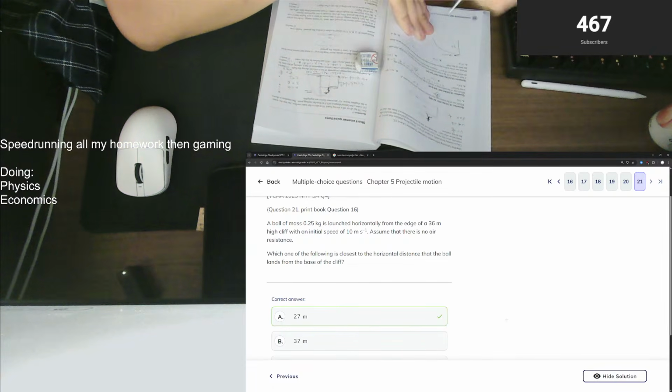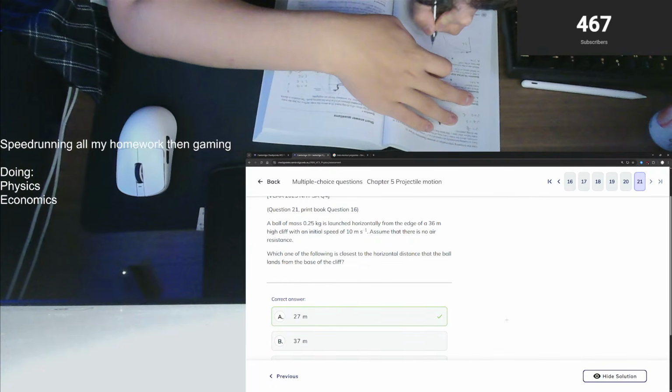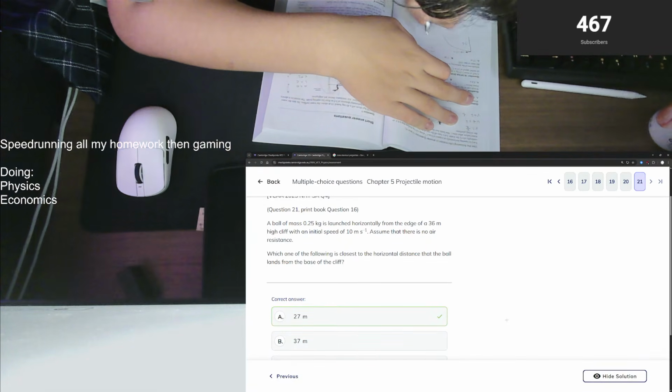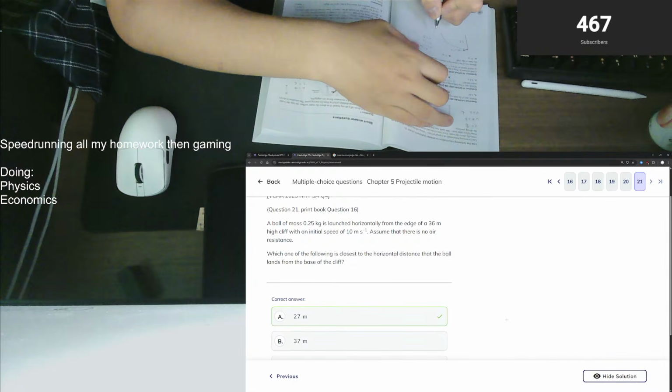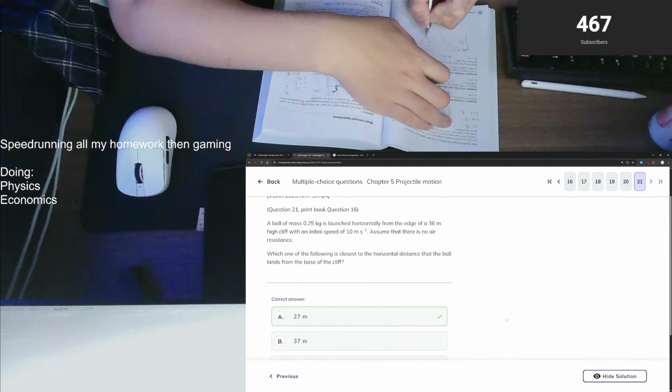How do we get the vertical component? Okay, I think it's just 0. So that's vertical. S is 36, u equals 0, a equals 9.81. S equals ut plus half at squared.